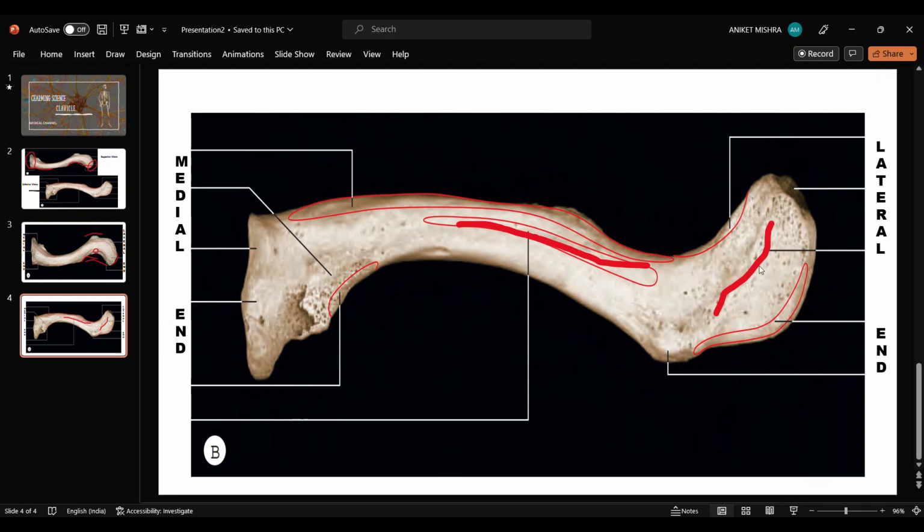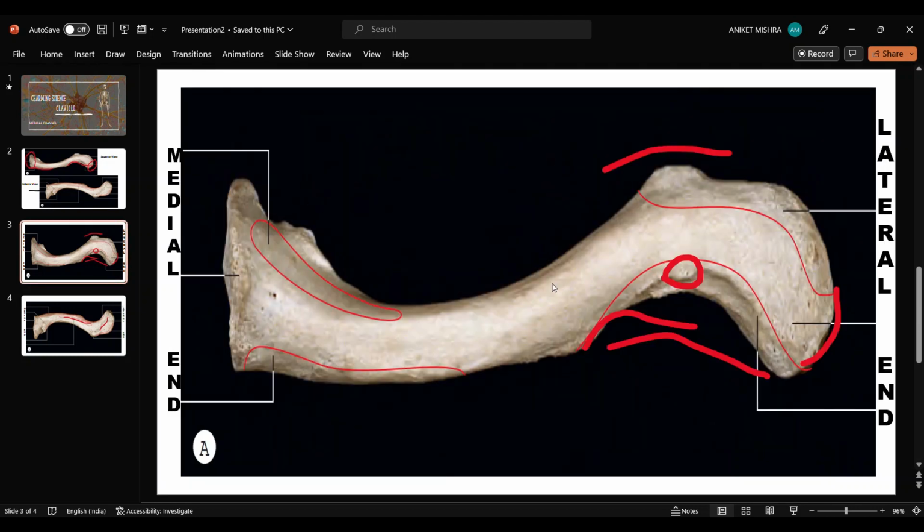When we see the deltoid and the trapezius, the deltoid attaches in the superior part, and this is the part where the trapezius will insert.